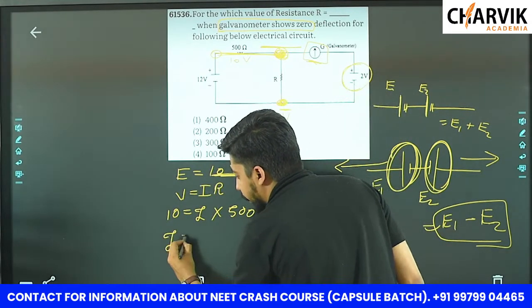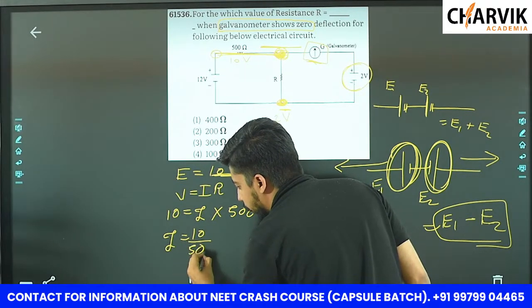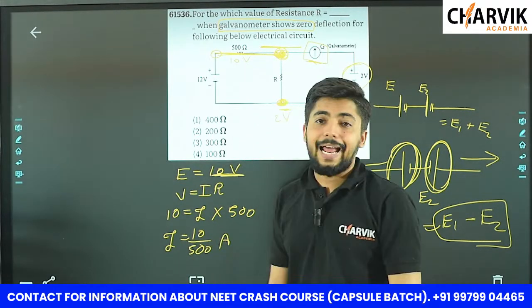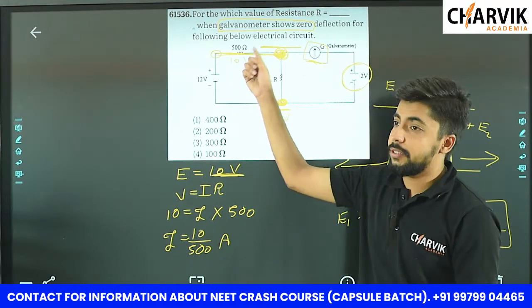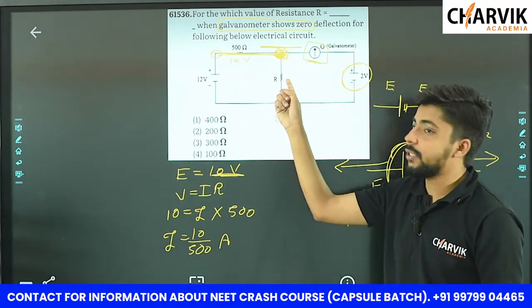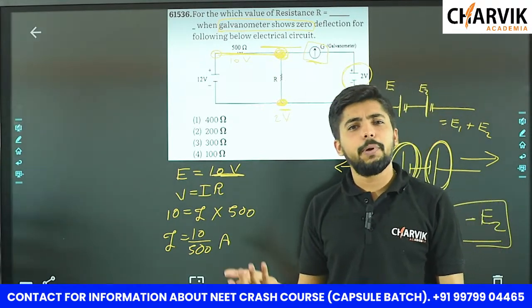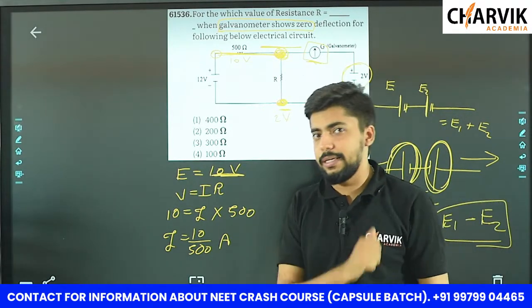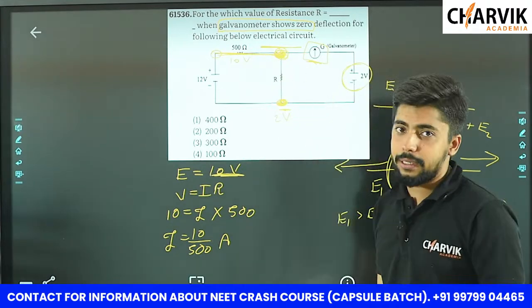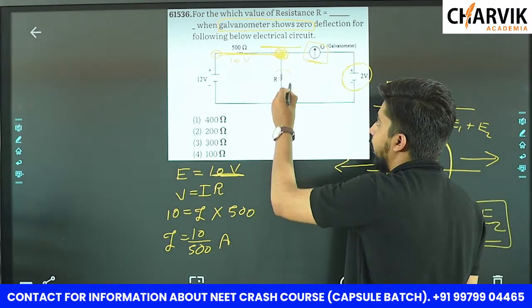So you can say current will be equal to 10 upon 500 ampere. Now because we have got the current through this resistor, we can say current through this resistor will also be same. Now what is the reason for that? It is very simple. Both are connected in series with each other. If both are connected in series with each other, we can take the same current through this resistor.